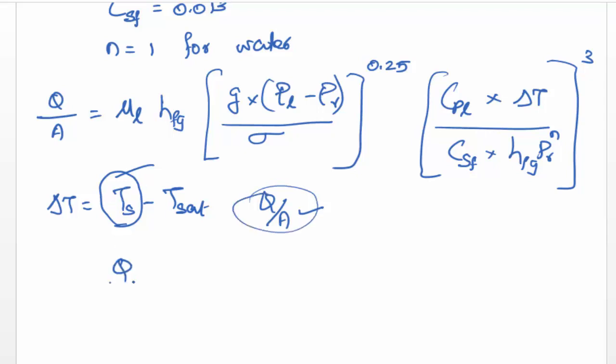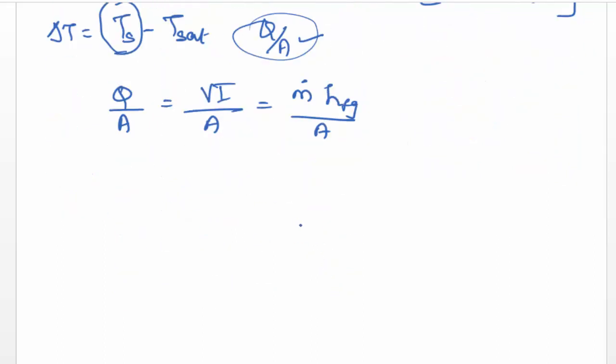So you know that Q by A equals Q divided by A, which is equal to m dot HFG divided by A. Here the area is your pan area, so pi by 4 capital D squared. Use this formula to find out the Q by A value.